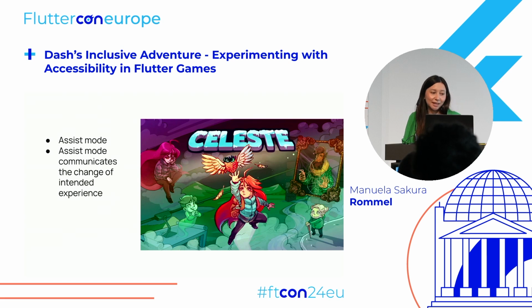Then there's also Celeste, which has a great assist mode. We're gonna get to what an assist mode is later. But also a good thing is that the assist mode is communicated when you turn it on, because an assist mode will change the intended game mode, because a game was created by a designer and a developer, and it has a specific challenge and a specific story, and it might be changed when you are enabling assist modes.